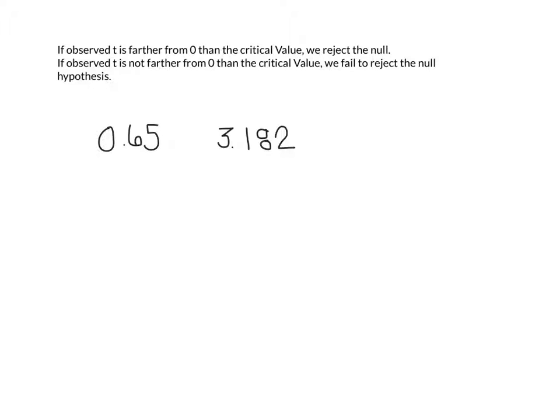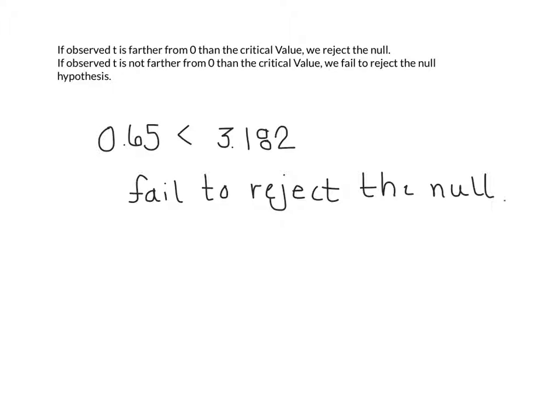If it is not further from 0, and in this case it is not, it's less, then we fail to reject the null. So our conclusion here would be to fail to reject the null hypothesis because our observed t-test statistic is not further from 0 than the critical value we obtained from our table.